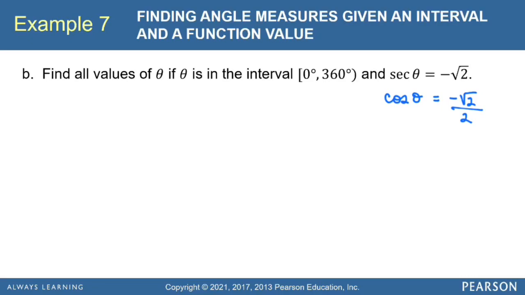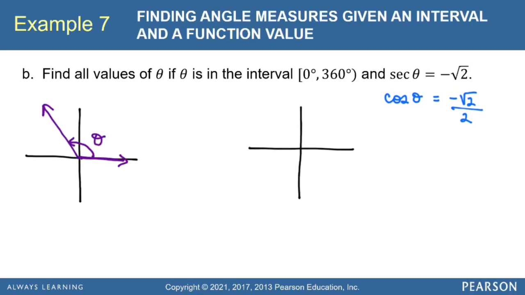So we're looking for any angles between 0 degrees and 360 degrees that have this number as their cosine. Okay, so what two quadrants could give us negative cosine values? Well, we know that cosine is negative in quadrant 2, so let's draw a quadrant 2 angle, and it's also negative in quadrant 3. And now we need to think which of our reference angles has square root of 2 over 2 as a cosine, and that would be 45 degrees.